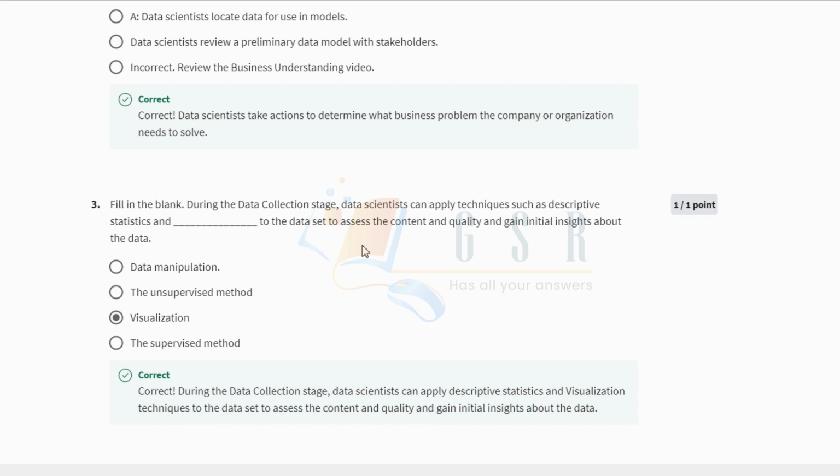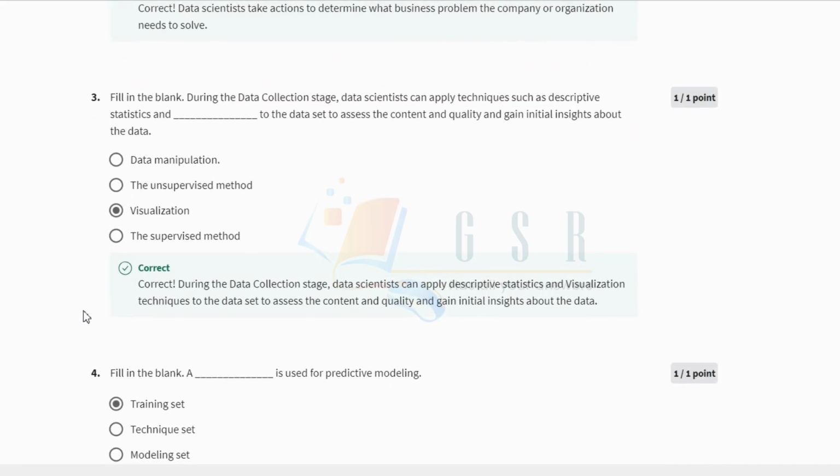Before you are preparing the data, you want to ensure that the data you are working with is correct so that you have a proper analysis after that. So you have descriptive statistics with visualization of the data, so you can keep track of the correctness of the data. That is the part they are discussing here.